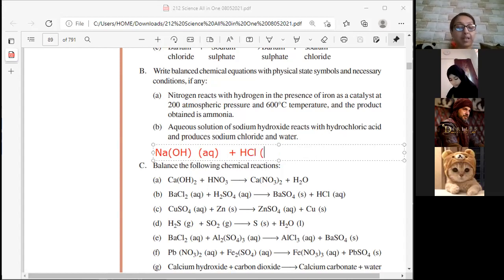And it is going to be again aqueous. It produces sodium chloride and water. Sodium chloride can be written as NaCl. NaCl, what is it going to be? Tell me, physical state, what is it going to be?